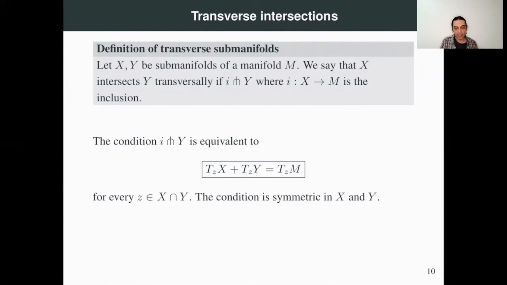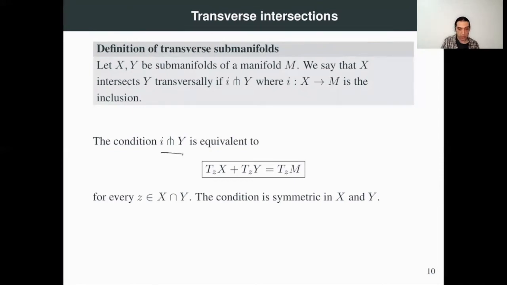A priori, let's say very a priori, we could have that X could be transversal to Y and Y couldn't be transversal to X, but that's never going to happen.